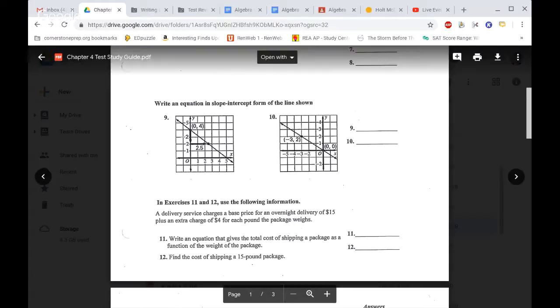It crosses at 4. What is the x coordinate of that point? 2.5 or is it 0? It is 0. So a y-intercept has an x coordinate of 0.